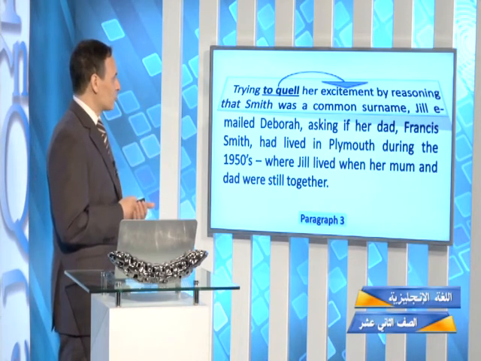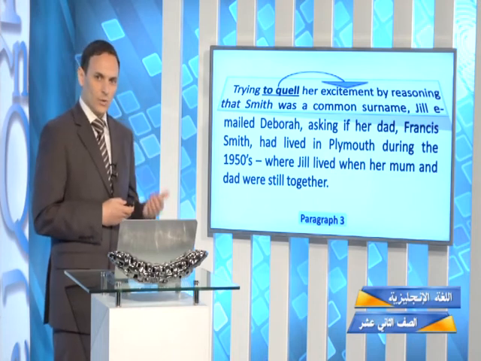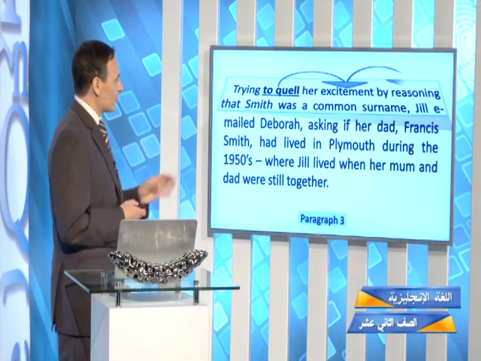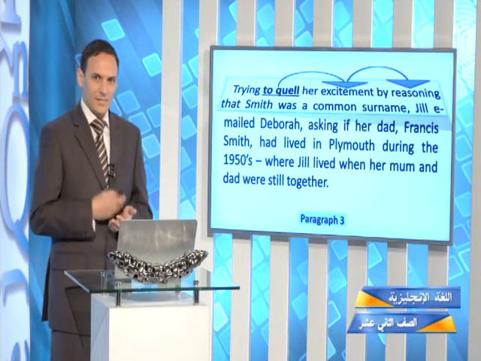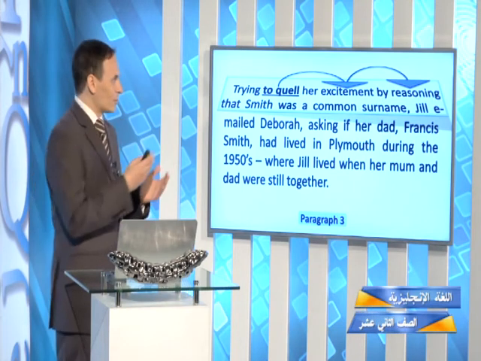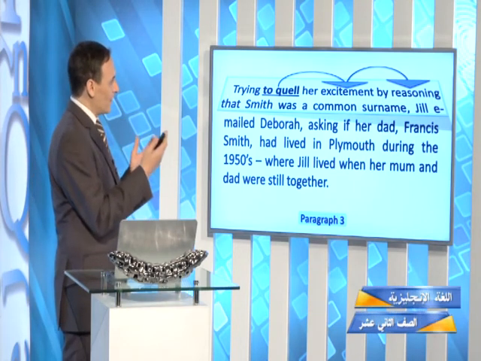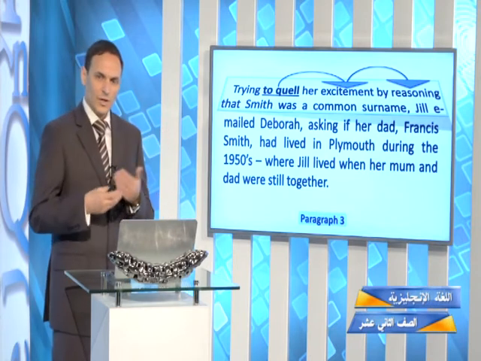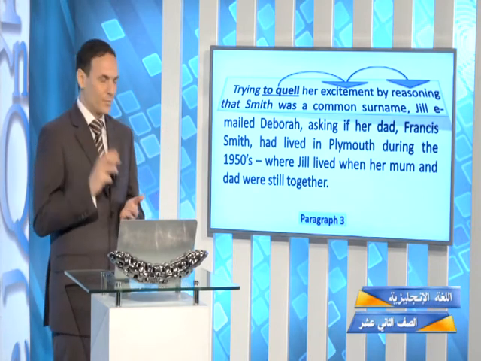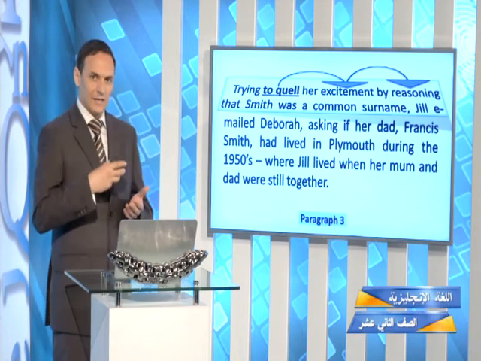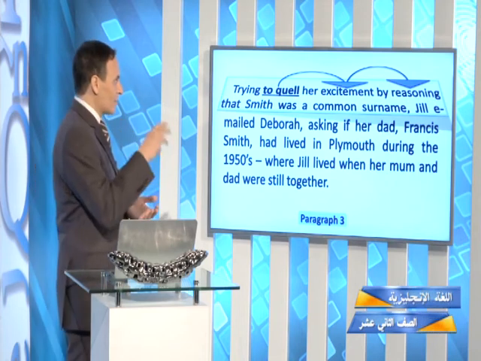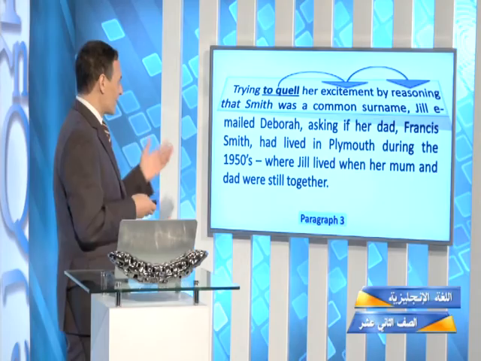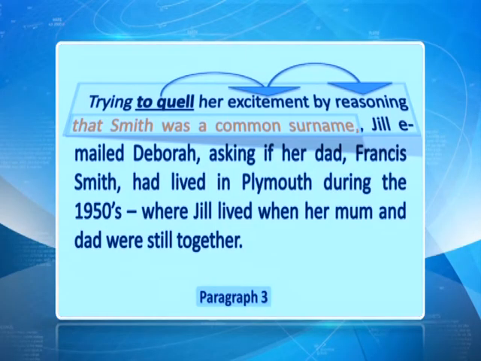How is she trying to quell her excitement? She is trying to quell her excitement by reasoning. And reasoning is something of the brain, of the mind. So we have here the brain and the feelings. And we often know that thoughts and the brain try to control feelings. So here, the reasoning, that Smith was a common surname, is trying to control or to manage her excitement.